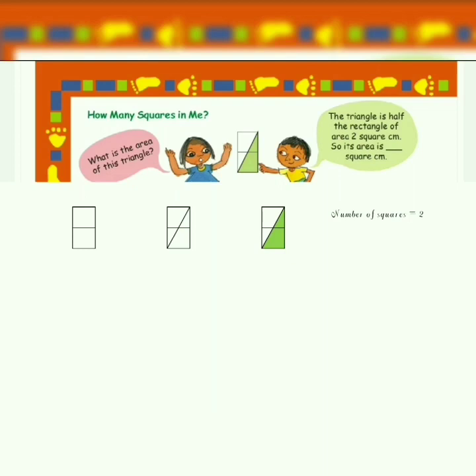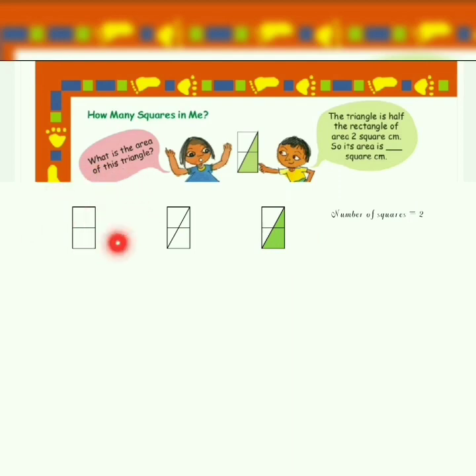Means we can easily say that the given triangle is half of the full rectangle. This rectangle's area is 2 square centimeter. So we will find out the area of this triangle by dividing the area of the rectangle by 2.